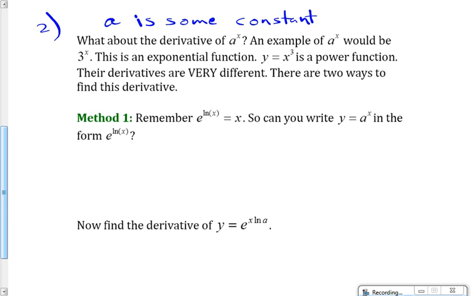So it could be 2 to the x, or 3 to the x, or 4 to the x, or 10 to the x, or any other constant value in between. We're looking for a general rule for exponential functions. Keeping in mind that exponential functions have some sort of constant base and an exponent that is a variable, or, in the case of chain rule, that exponent can be a function. Okay?